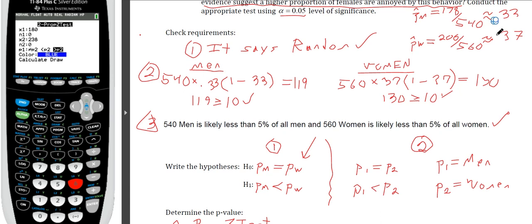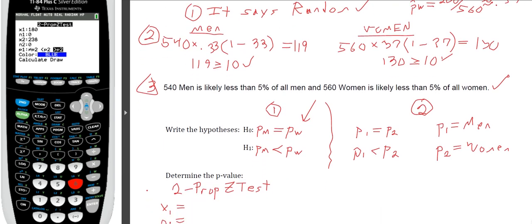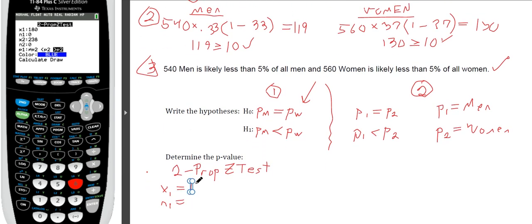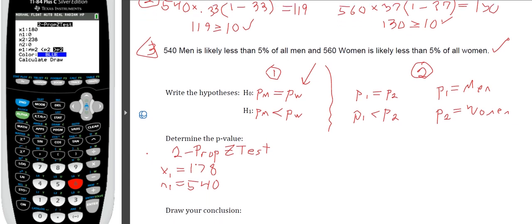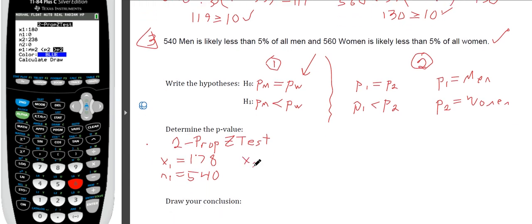We have 178 out of 540, and then for women we have 206 out of 560. So x1 is 178, n1 is 540. So that's going to be the proportion for men. x2 and n2 are going to define the proportions for women. So x2 is 206 out of the total for n2, which is 560.